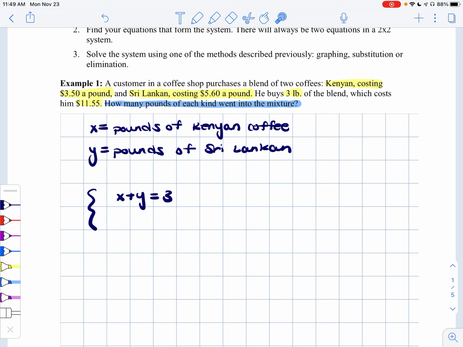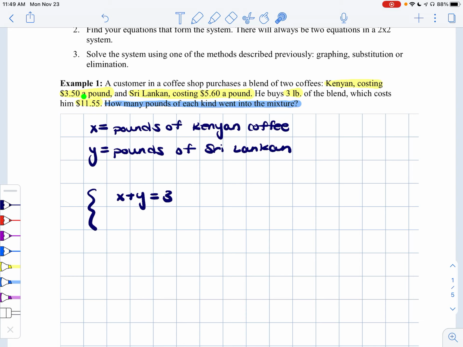What we know here is that the Kenyan coffee, or our x, costs $3.50 a pound. The Sri Lankan coffee, or our y, costs $5.60 a pound. And we have a total cost of $11.55.